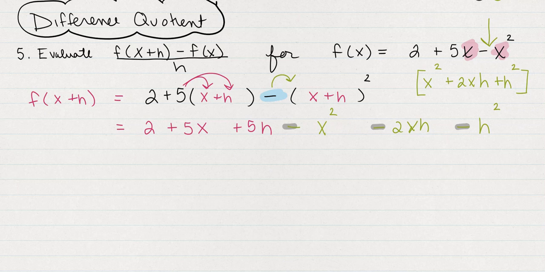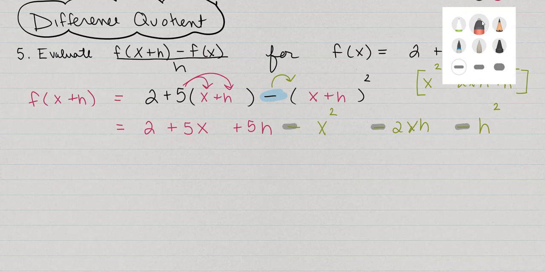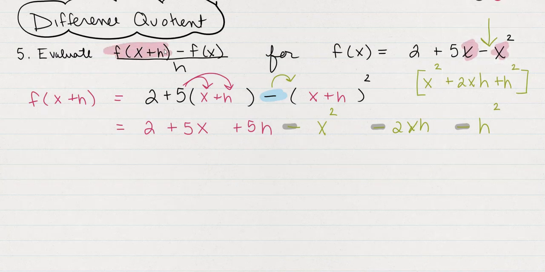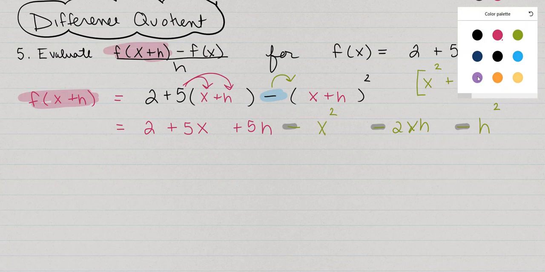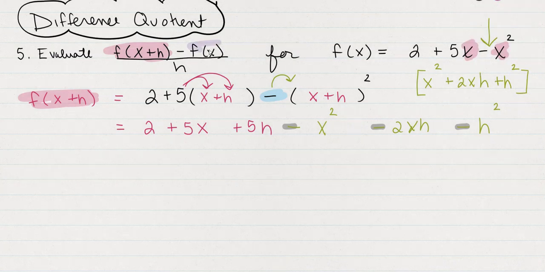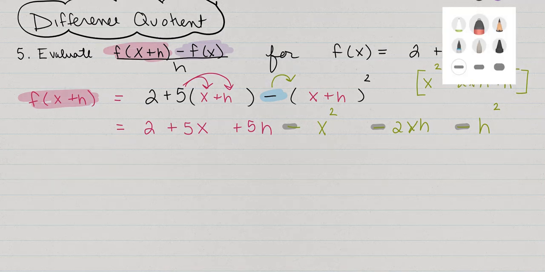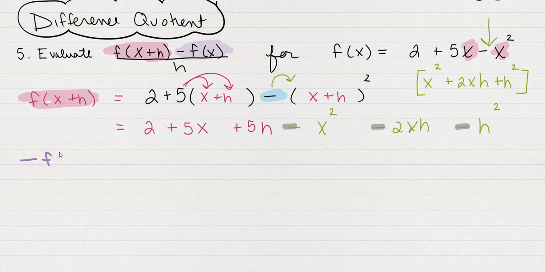Let's look now at continuing this. We've got our f of x plus h. And what we want to do with that is subtract f of x. So I'm going to do the subtract f of x below. Watch how nicely this lines up if I do it correctly.